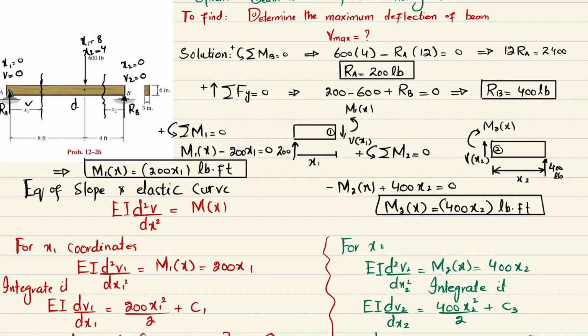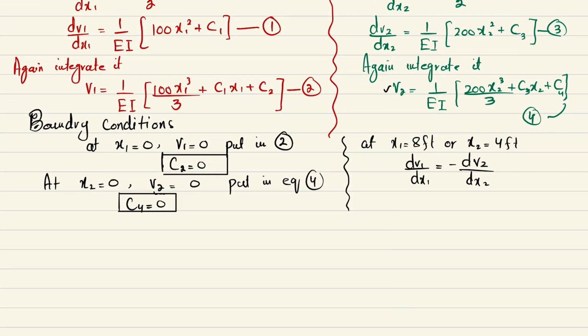So at this point, the slope due to x1 is equal to minus dv2/dx2, because x1 is in this direction and x2 is in this direction. So we will put x1 is equal to 8 feet in equation 1 and x2 is equal to 4 feet in equation 3, and then equate.